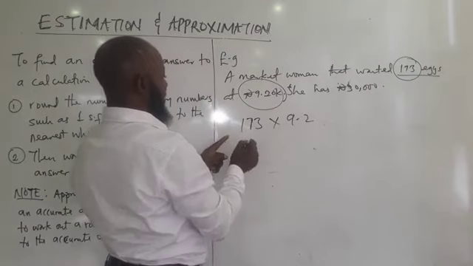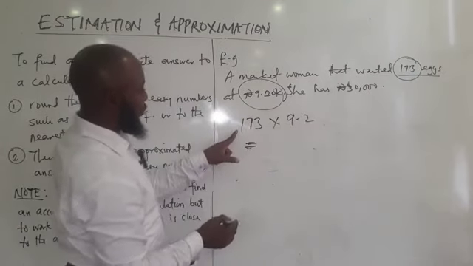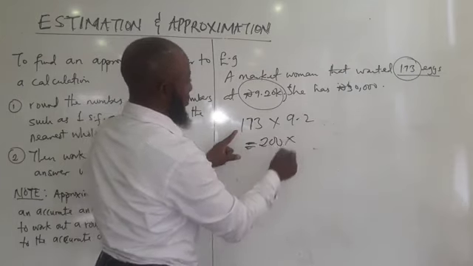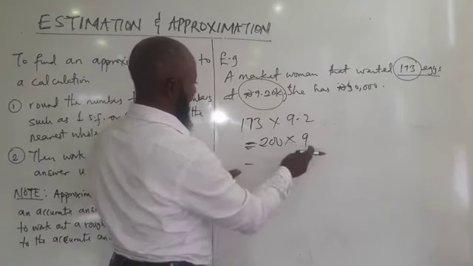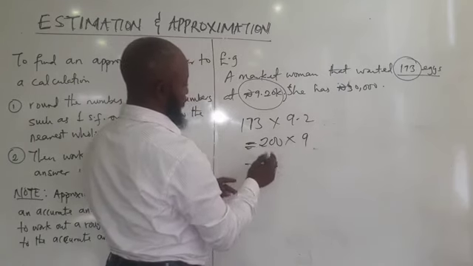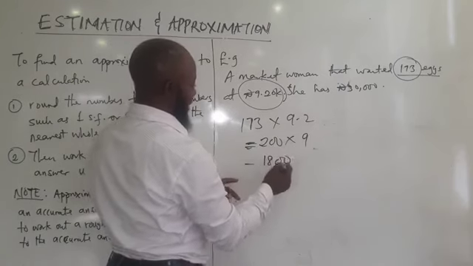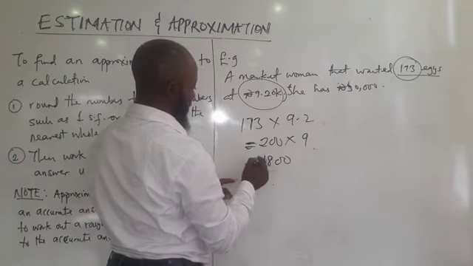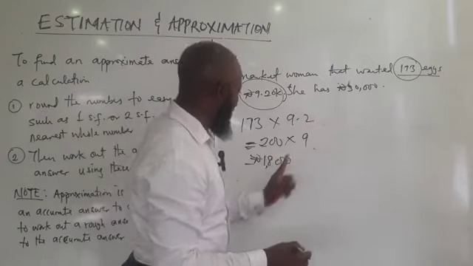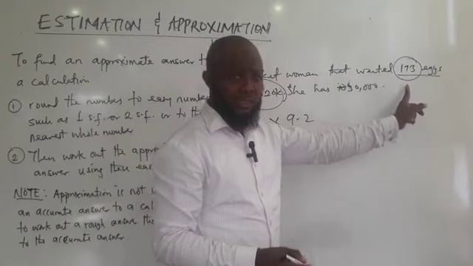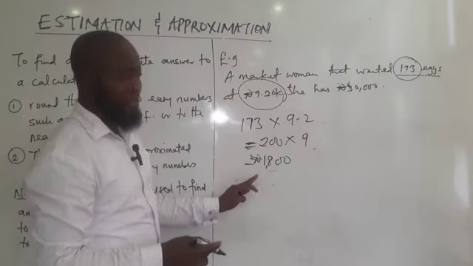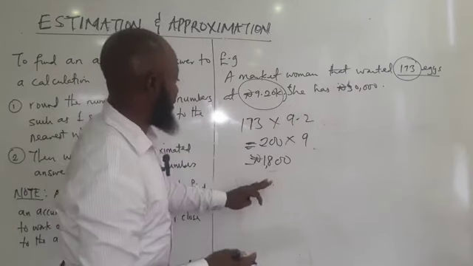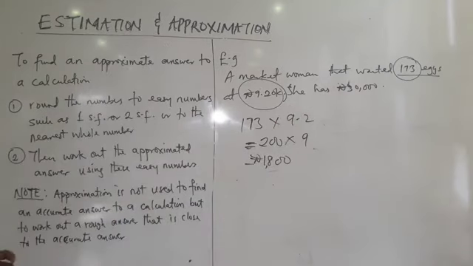Rounding this one to one significant figure will give us 200, multiplied by 9. So multiply this together: 9 times 2 gives 18, that is 1,800. So she has enough money to buy these eggs. That is what we refer to as a rough estimate. Are you with me? That is a rough approximation of the answer. So that's how to do this.